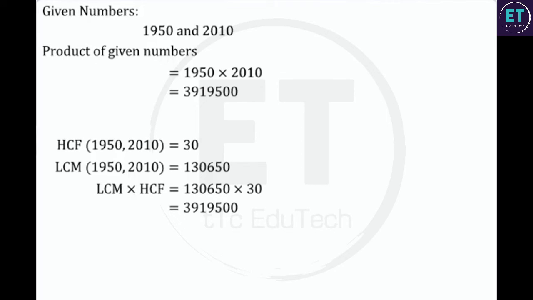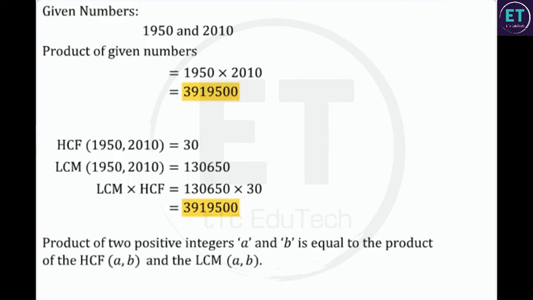First, let us find the product of the HCF and LCM of the given numbers. What do you observe? Note that the product of the given numbers is equal to the product of their HCF and LCM. This result is true for all positive integers and is often used to find the HCF of two given numbers if their LCM is given and vice versa.